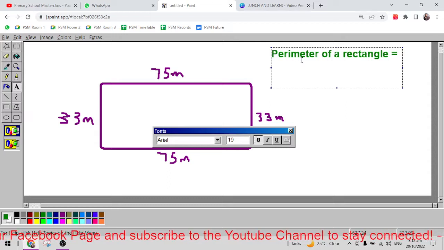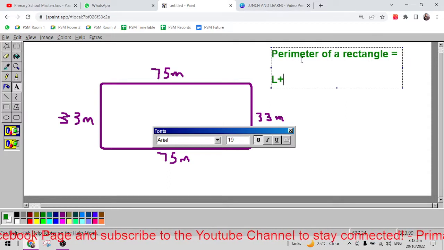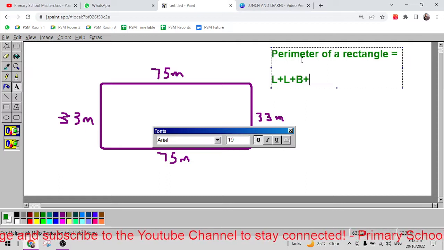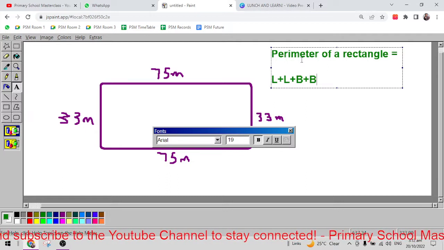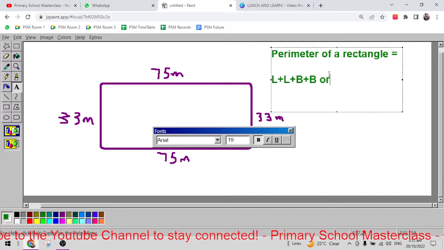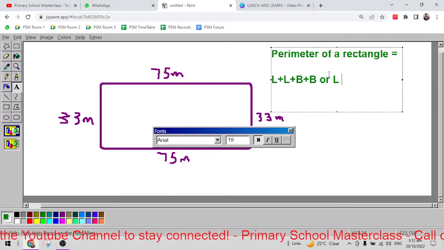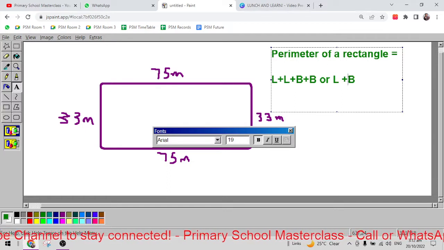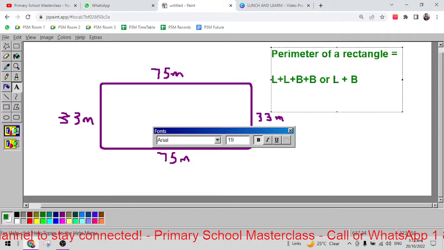One way you could say length plus length plus breadth plus breadth. Or you could say length plus breadth. You find the length plus breadth and then you multiply that by 2.